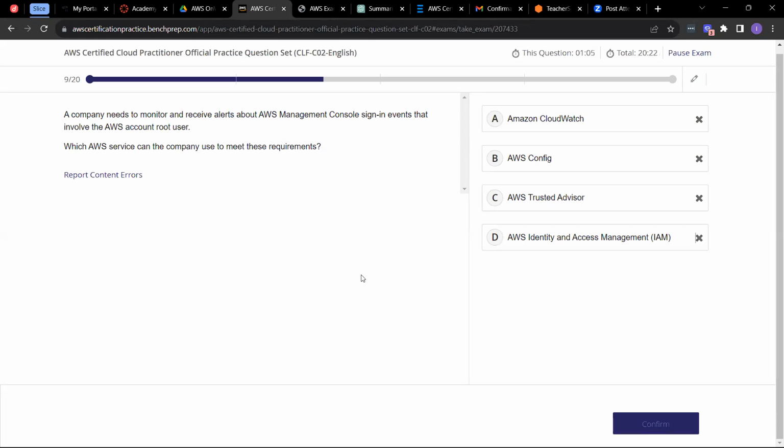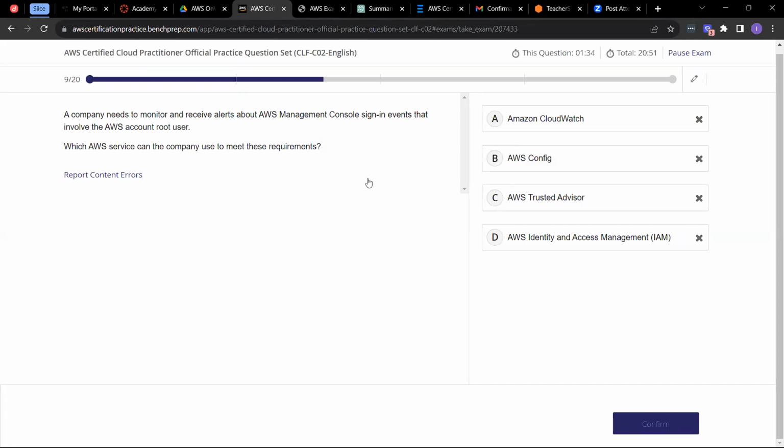CloudWatch is the one that you can configure to work with the Amazon Simple Notification Service, that is SNS, to give you alerts. So we are looking at monitor and receiving alerts.